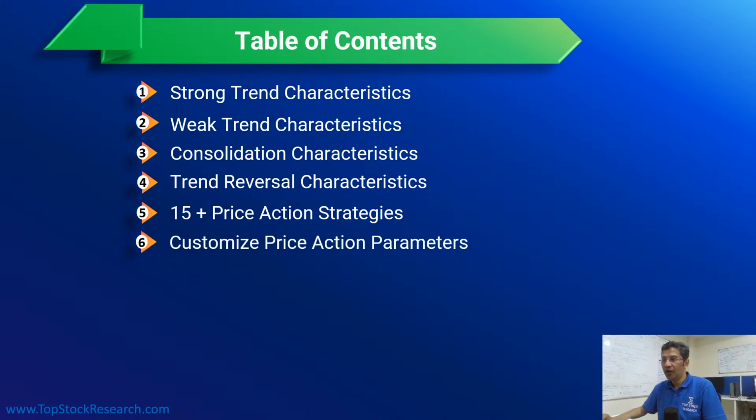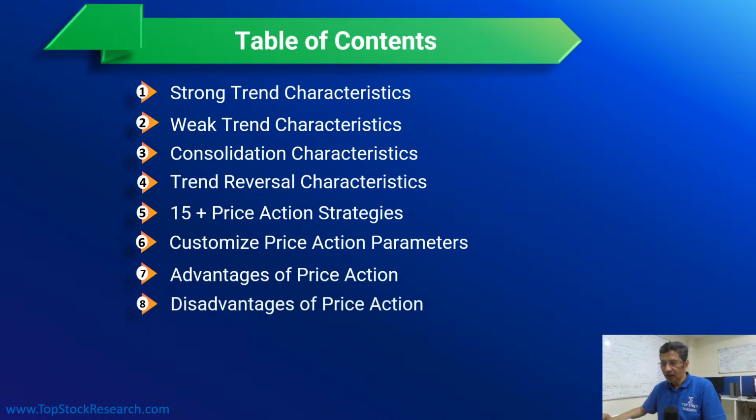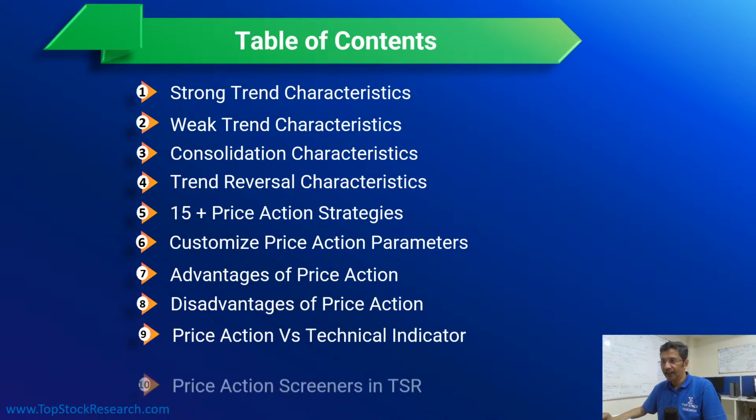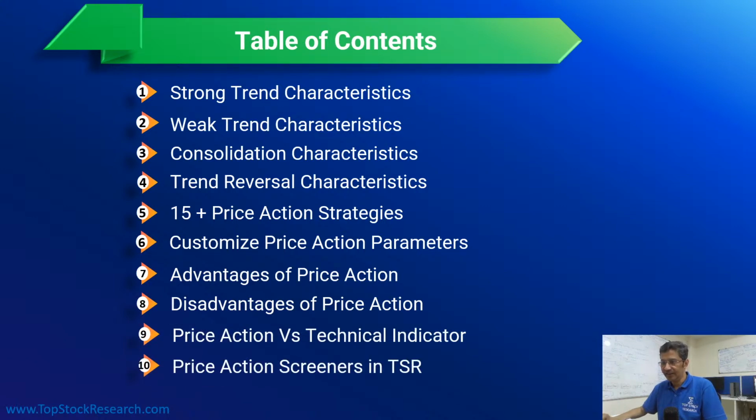Then how to customize price action parameters, advantages, cautions or disadvantages, price action versus technical indicators, and price action screeners in TSR. The estimated time is about 2 hours. As I mentioned before, we'll try to do it in 2 hours, but depending on the interest and the questions that come, it may go slightly higher or lower.